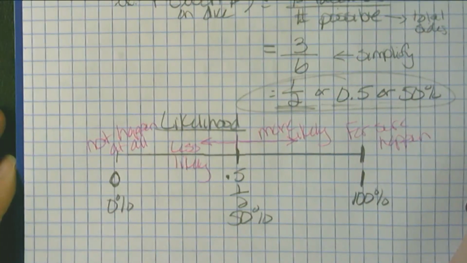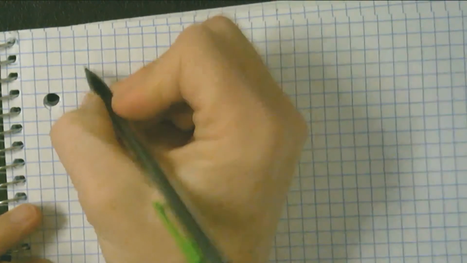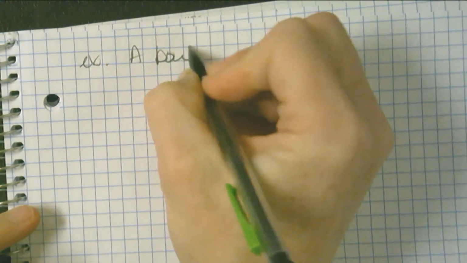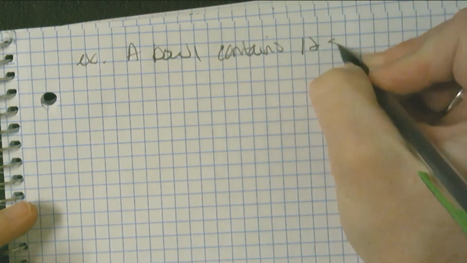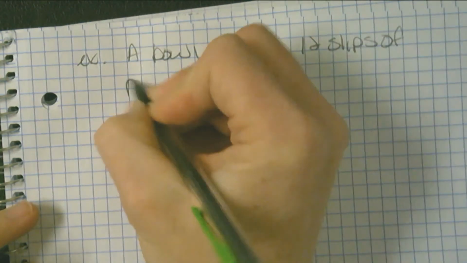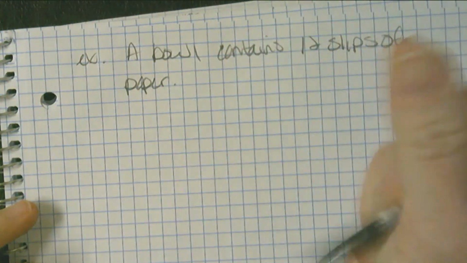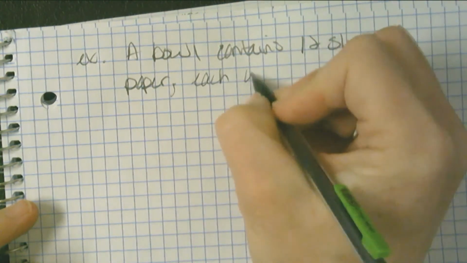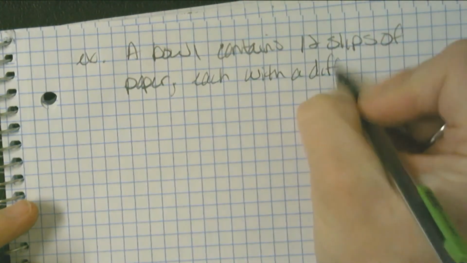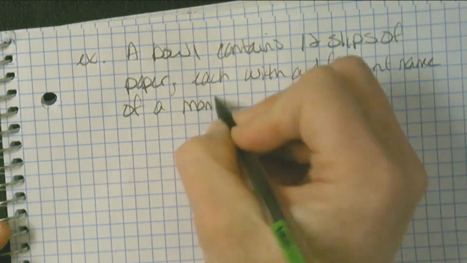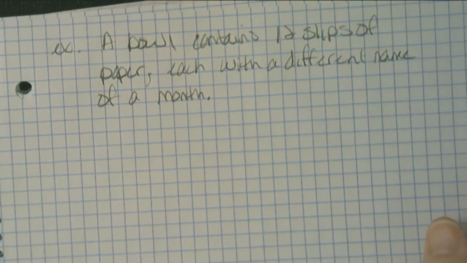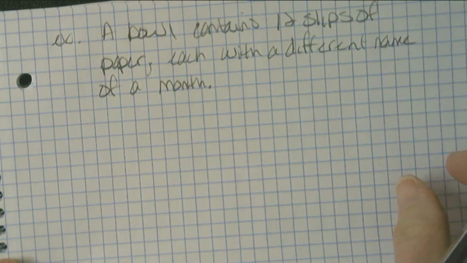Who needs to see what's up there? Okay. All right, so here's my example. A bowl contains 12 slips of paper, each with a different name of a month.